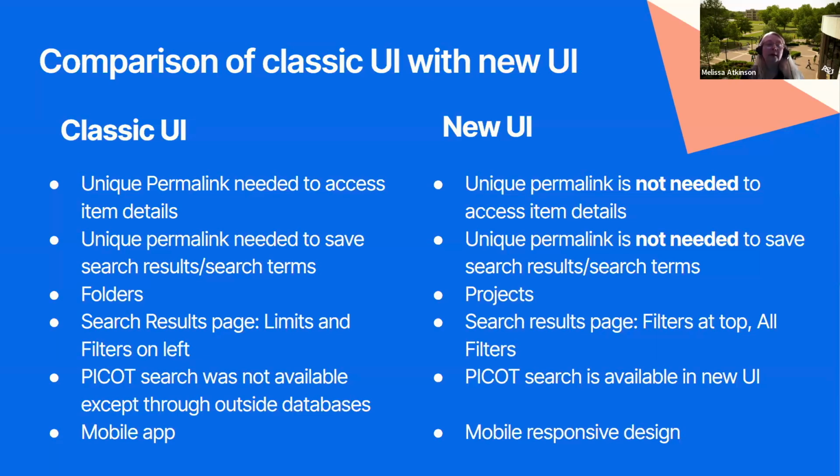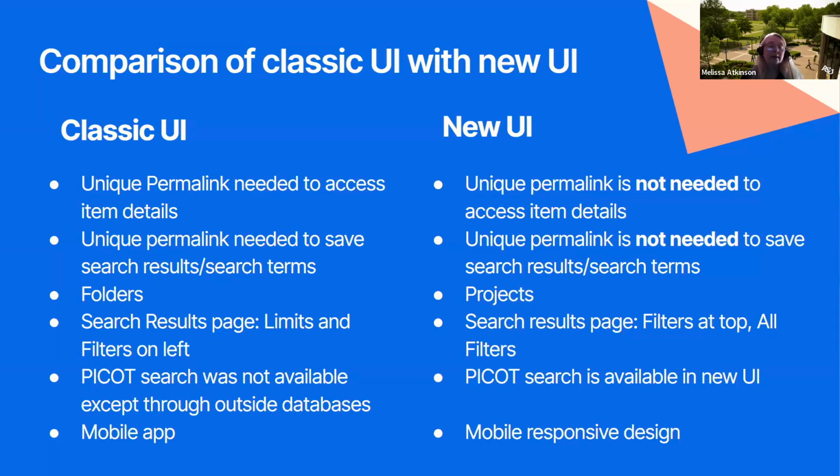In the classic UI, you had folders, and in the new UI, they're called projects. We'll go over that when we preview the new one. On the search results page, you had limits and filters, which were on the left. On the new search results page, the main language used is filters. The word limit is used sparingly, so it's all filters now, and they are at the top.